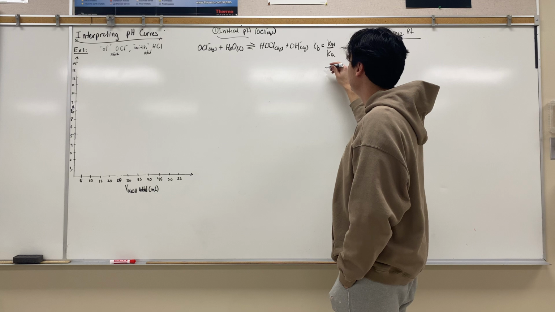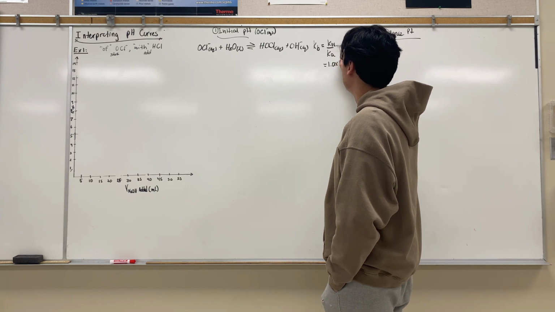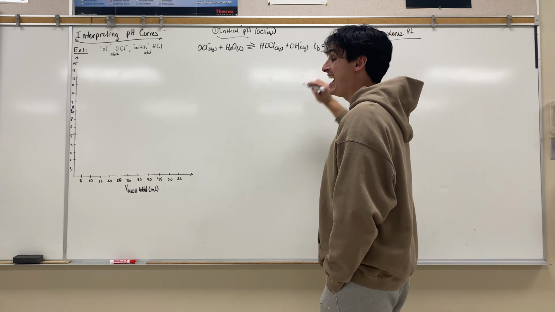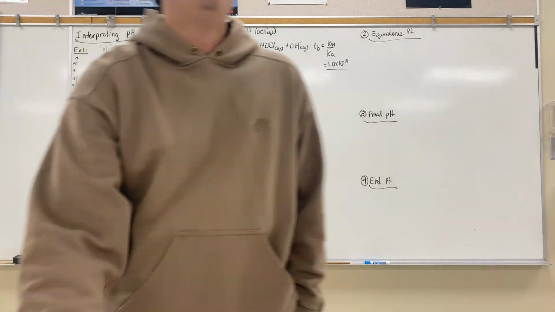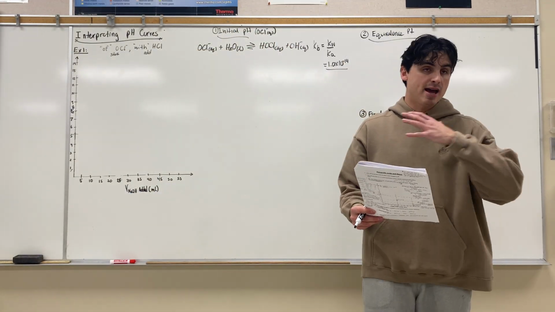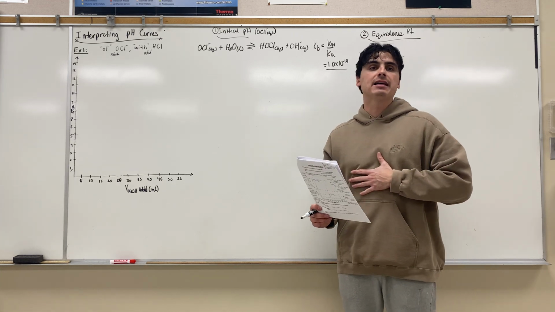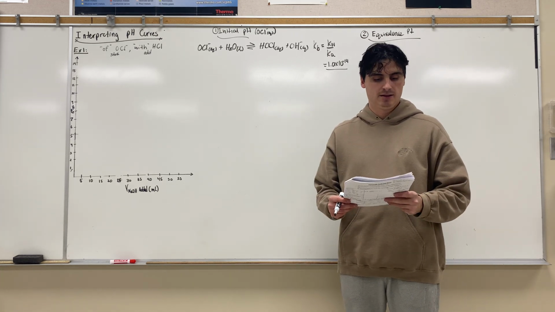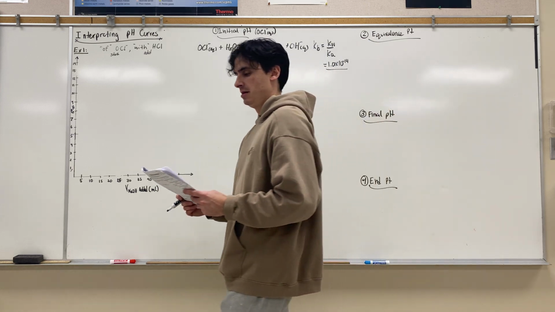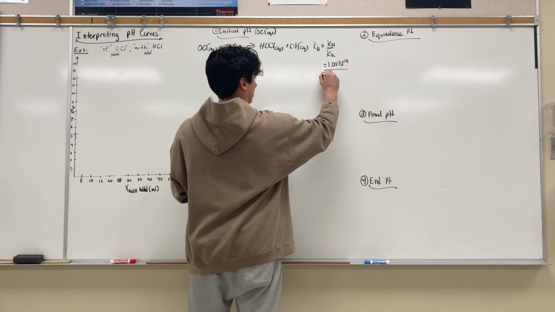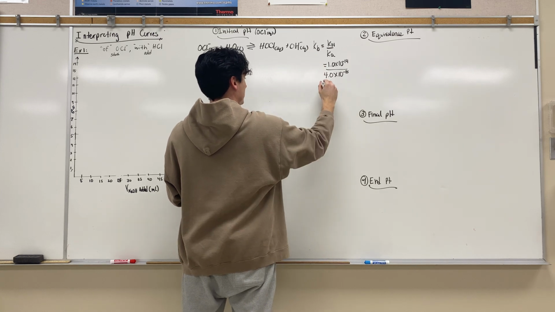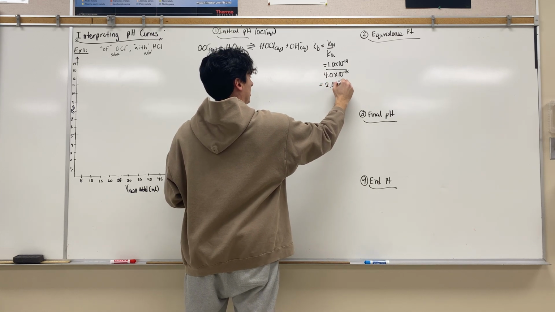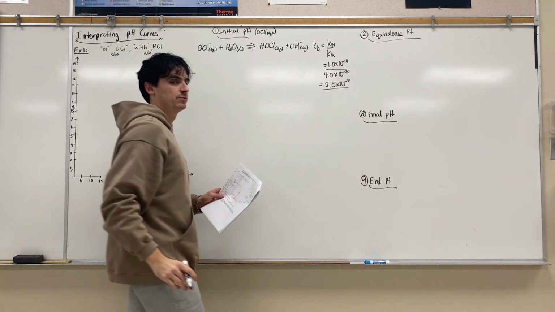To find Kb, we need Kw, which we know, and Ka from my data booklet. Now, look in your data booklets right now. What is the Ka for OCl minus? Yep, it is 4.0 times 10 to the negative 8. So my Kb is 2.5 times 10 to the negative 7, okay?